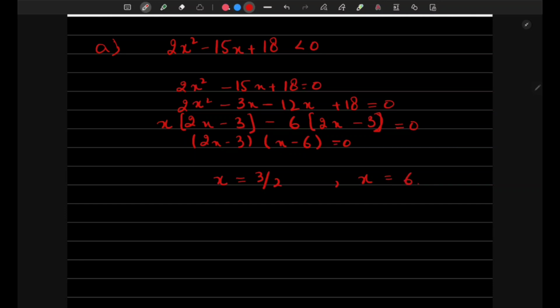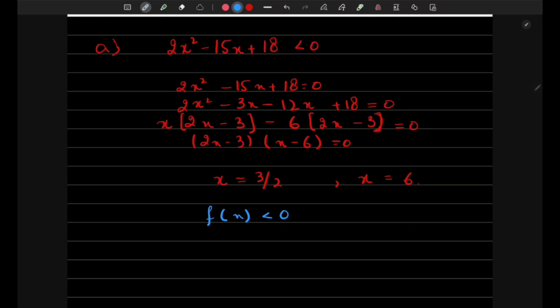Now, as the function f(x) is less than 0, we have a parabola.